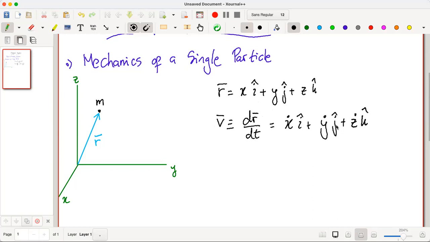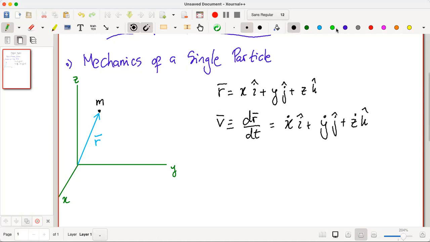Recall that I'm using dot as the derivative with respect to time, so whenever you see something with a dot, it means I differentiate it with respect to time. And I'm going to use prime as a symbol denoting the derivative with respect to position. So if I say V prime, that means we take the derivative of V with respect to position. The position can either be X, Y, Z or R, theta, and phi.